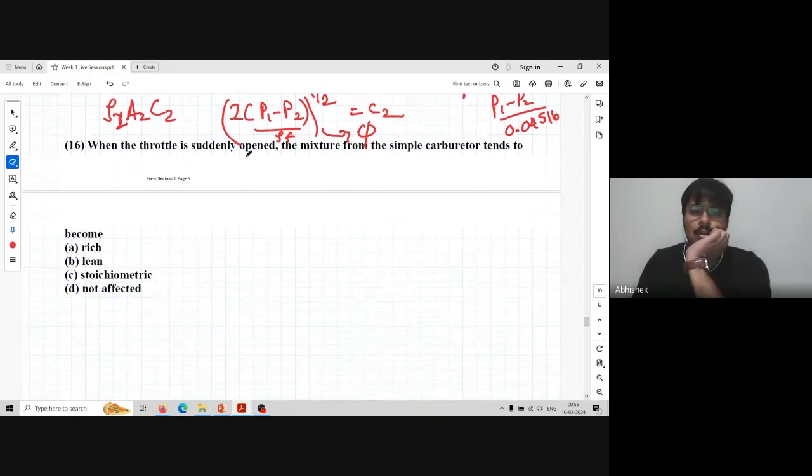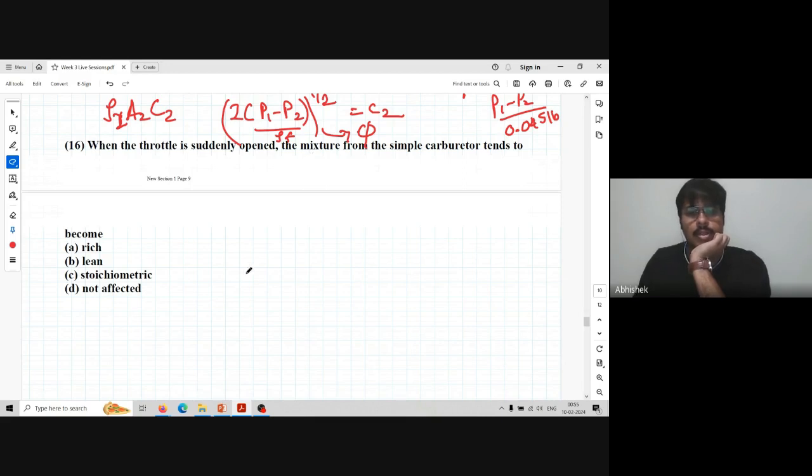Just these are my MCQs. When the throttle is suddenly opened, the mixture from the simple carburetor tends to become what? This one I told you about. So the throttle is suddenly opened.